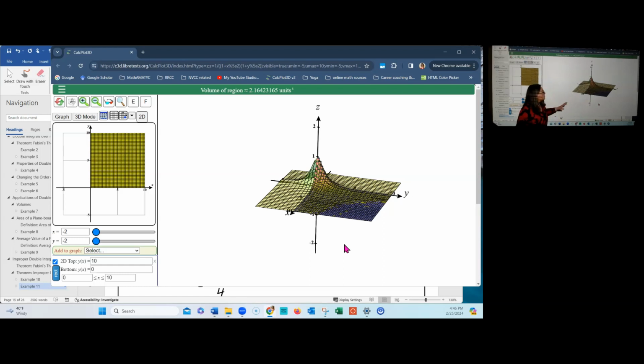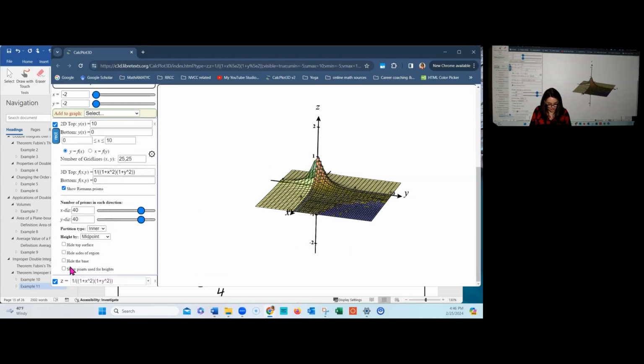When we look at our surface, you can see that the surface is almost like a blanket covering everything that's been pulled up to a certain value along the z-axis. If we're looking at it restricted to just the region over quadrant 1, then we'll get a smaller area.